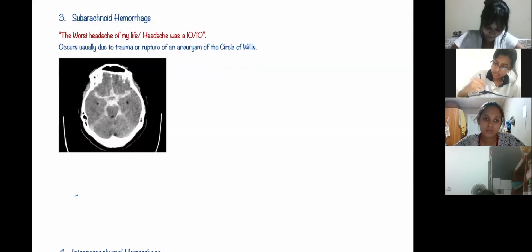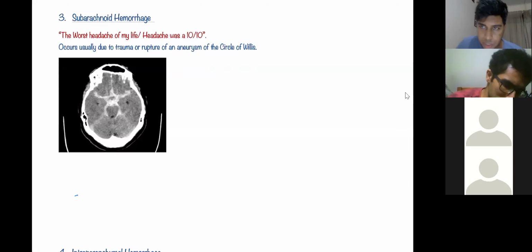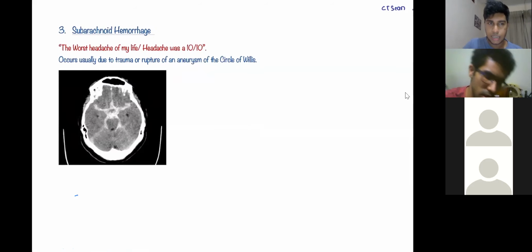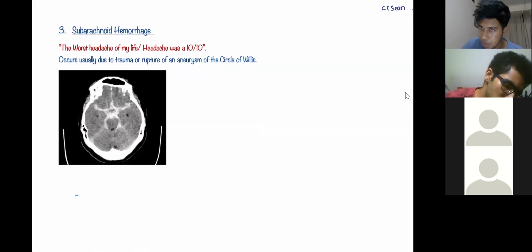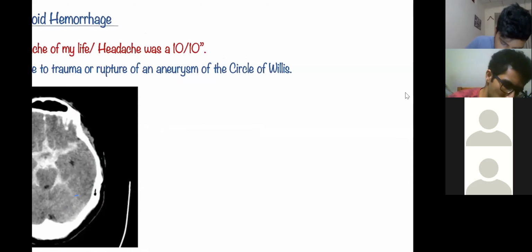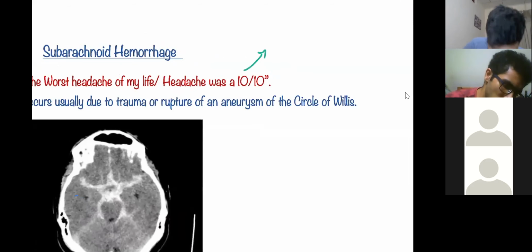Okay. I talked about some shortcuts when it comes to answering questions. This is one of them. Worst headache related to conditions of stroke, subarachnoid hemorrhage. There is one type of headache which can also be called worst headache of their life, but it comes and goes every other day.